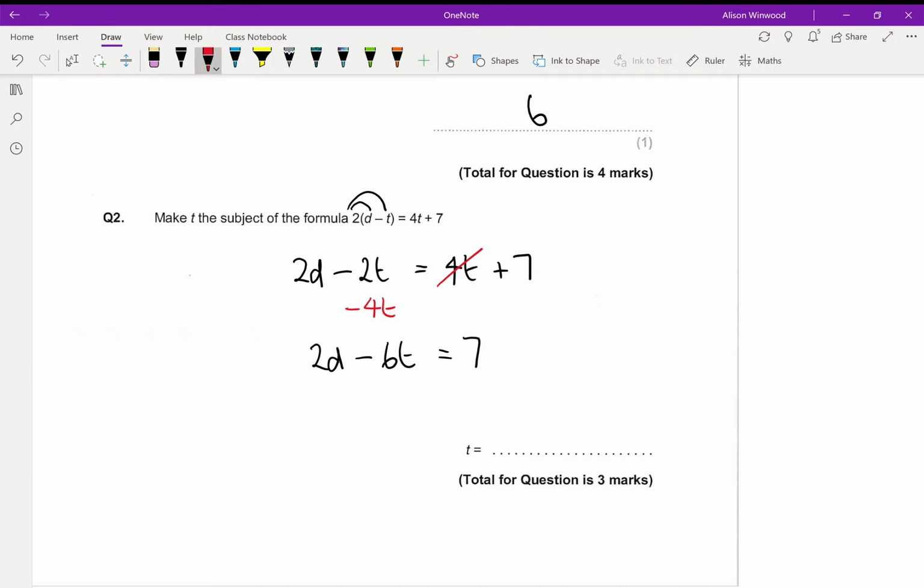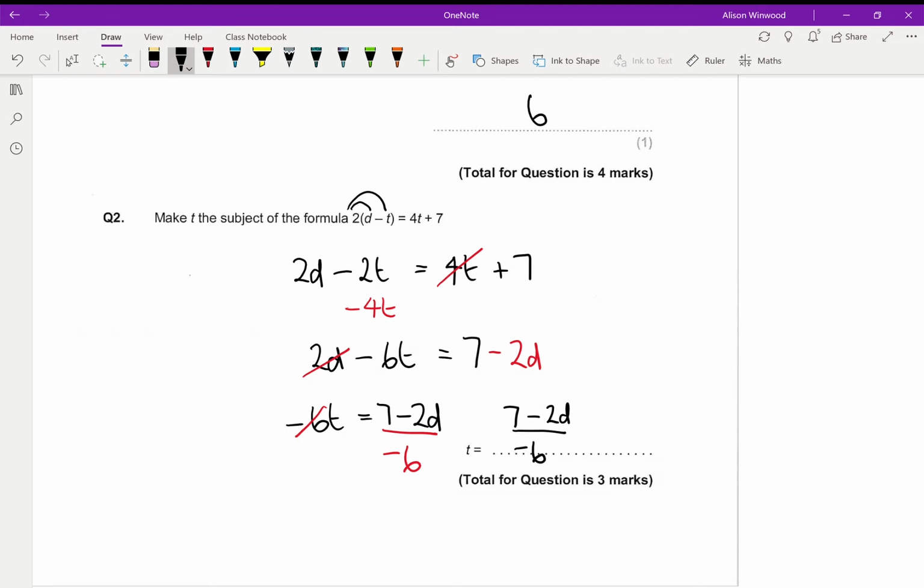Then move the d across, so subtract 2d. I get -6t equals 7 subtract 2d. And finally divide by the -6. So I have t equals 7 subtract 2d divided by -6.